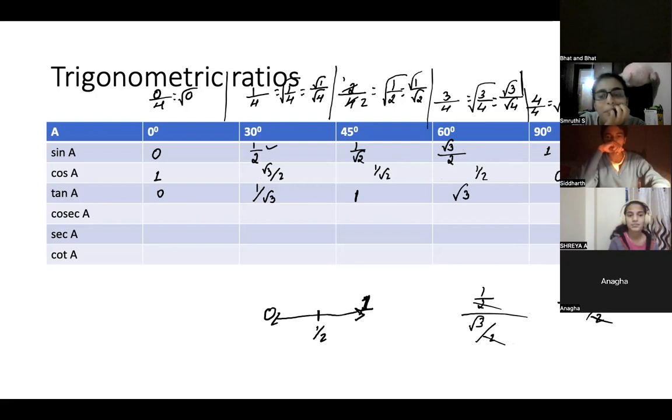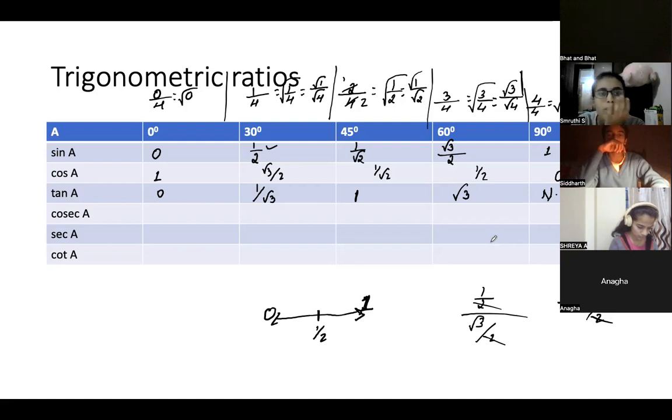What is 1 by 0? 1 by 0 is not defined, or we say it is infinity, because infinity is also not defined. We don't know the value of infinity. When we say not defined, it means we don't know. Understood? So we can write it as infinity also. Got it?